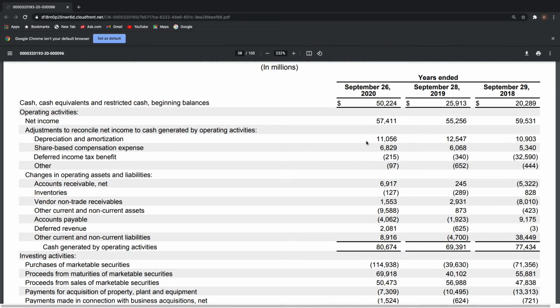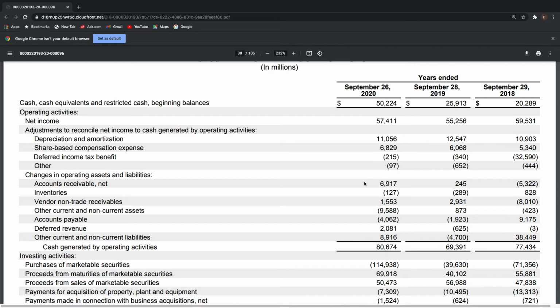It's recorded on the income statement and the balance sheet, but it's not a real physical change in cash of the company. So if we take this amount of the 57 billion and work down, you add in the depreciation, amortization, and the share-based compensation, minus off the deferred tax, because that's what you will see in brackets, the things that you need to deduct.